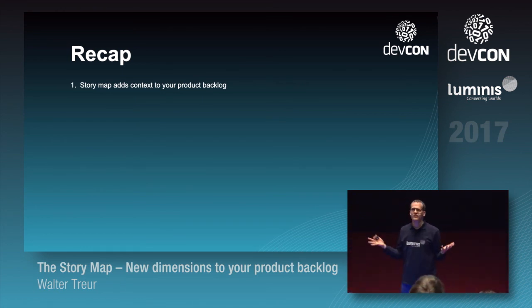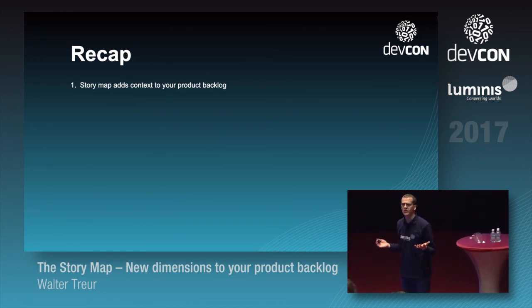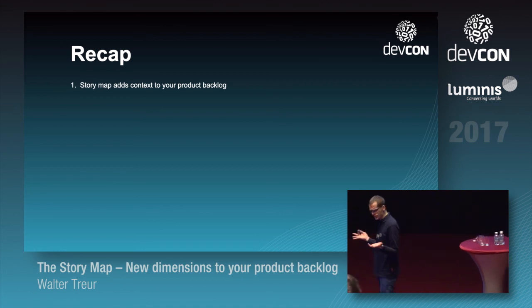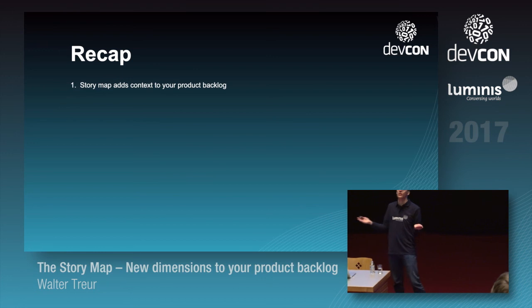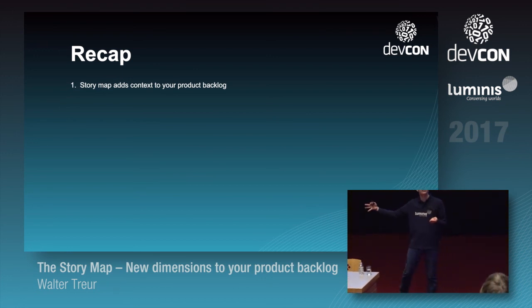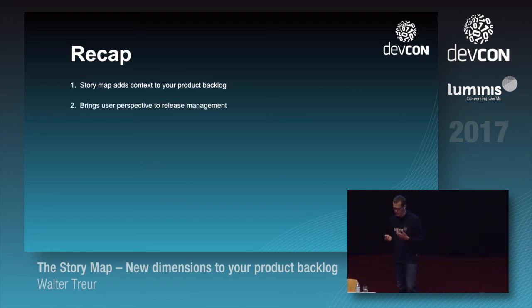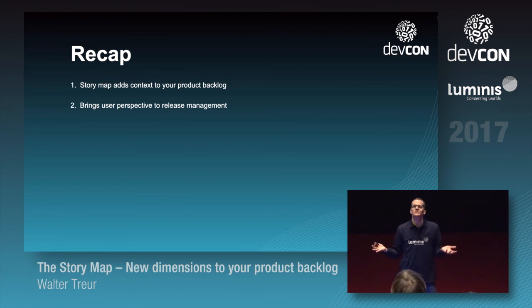So a story map adds context to your product backlog. It adds an extra dimension, so to say. It allows you to visualize the steps that a user is going to take, or the steps that your application needs to support in relation to each other, which helps you to bring user perspective into release management.